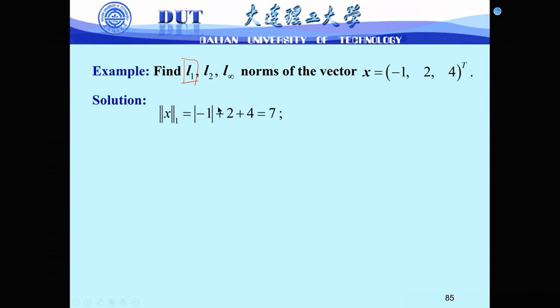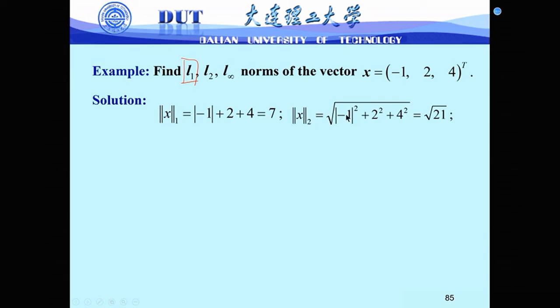Let's consider the L2 norm. The formula is the square root of the summation of squares. So the square of the absolute value of -1. In this case, the square of the absolute value is the same as the square directly.